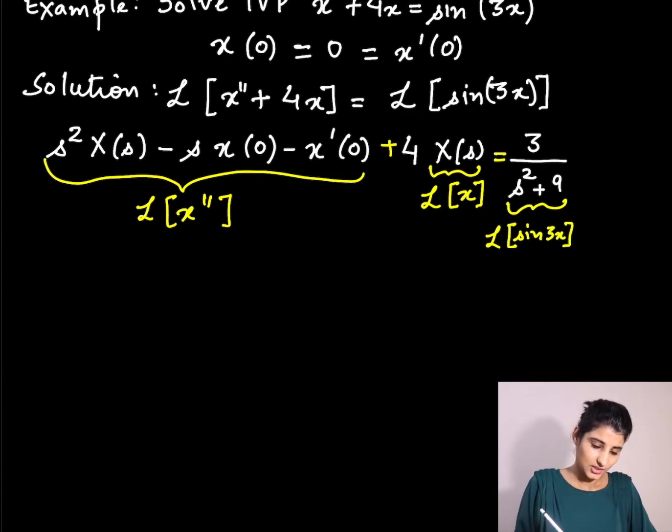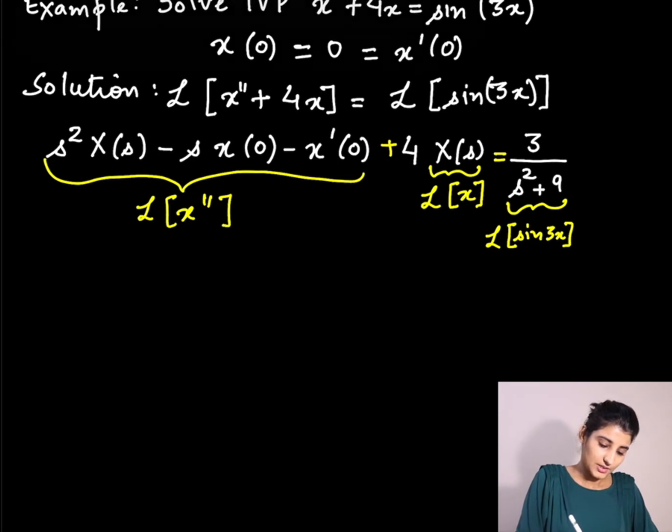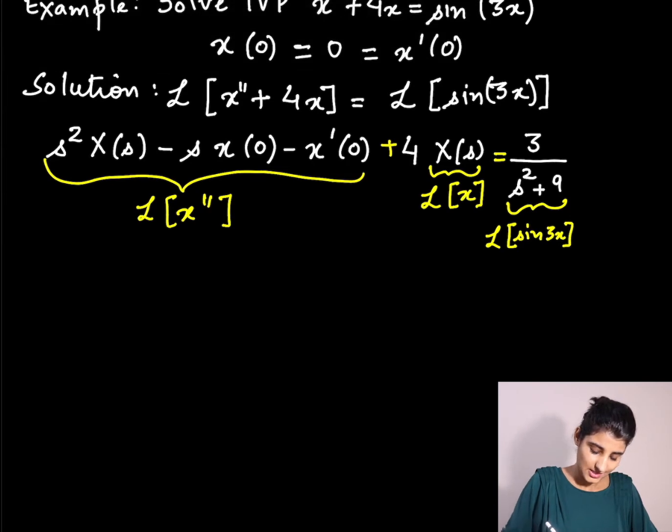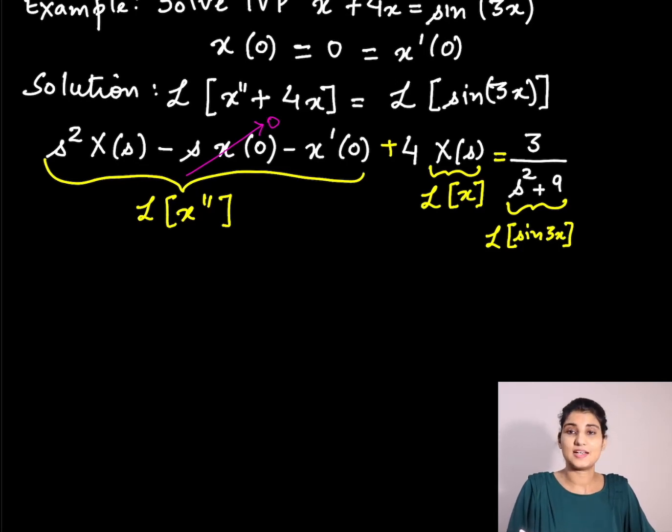Okay, now we know that x of 0 is 0, so the second term is 0. x prime at 0 is 0, so this term is also 0.